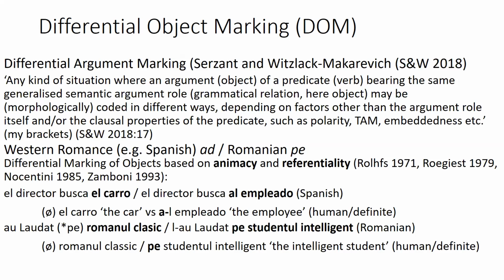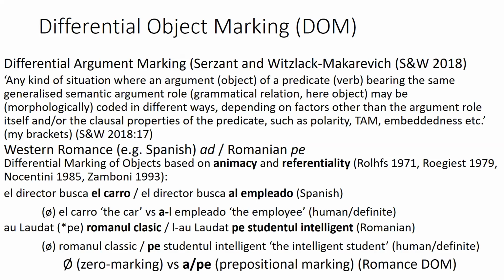Romanian, similarly, I don't speak Romanian, but I can try this. "Au lăudat romanul clasic" versus "lăudat pe studentul inteligent." All right, so romanul clasic, which means a classic novel, versus pe studentul inteligent, the intelligent student, which is also human and definite, and hence requires pe.